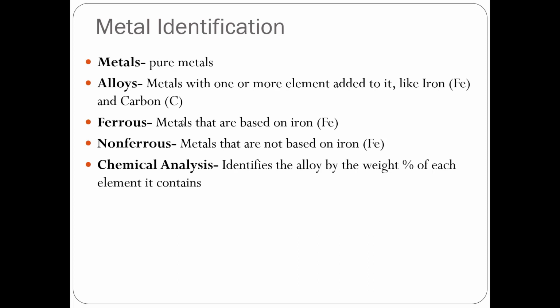Everything on this page right here, understanding the terms of metals, alloys, ferrous, non-ferrous, and especially chemical analysis, knowing what each of those are is very important, because as you read through the questions, these will be terms that we'll be using, and you have to be able to understand these terms to be able to understand the question.